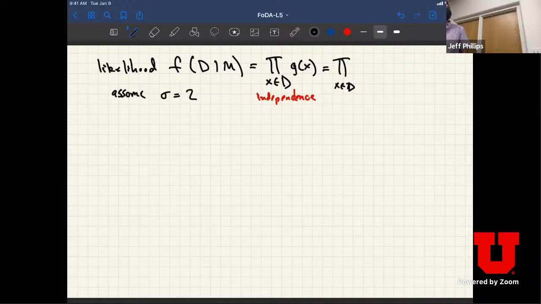So this would be a normal centered at the data point with a standard deviation of 2 and evaluated at the model.